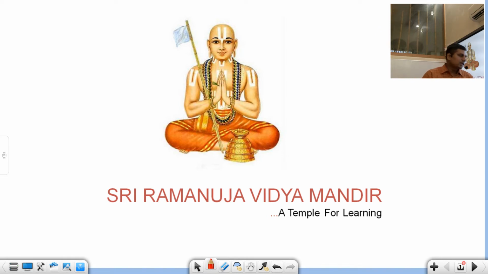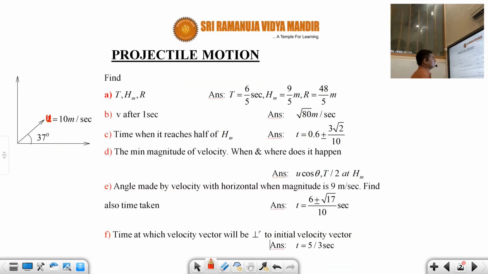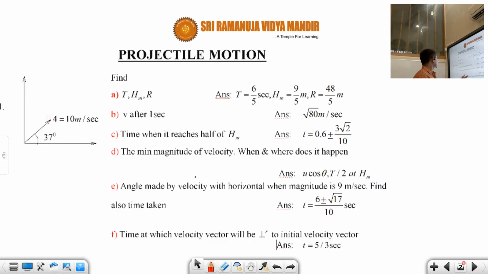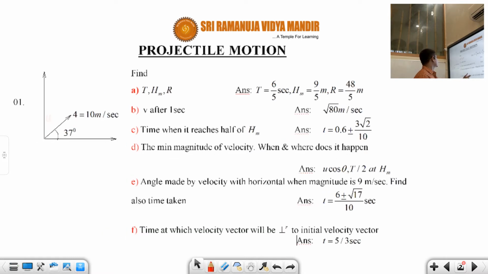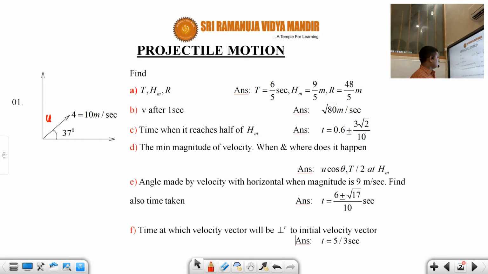So let us start today's session. This is the first problem, students. I am covering all the problems that can be asked in projectile in one single problem. Everything is covered in this.